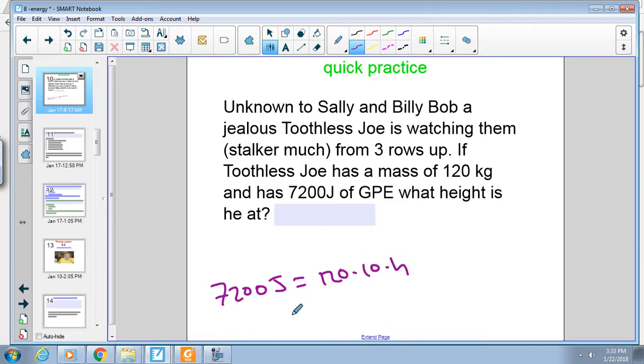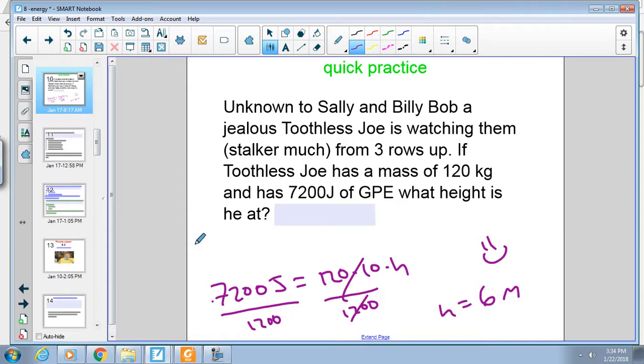So we have 7,200 divided by 1,200. Right? 120 times 10. 1,200 cancels out here. The height should equal 6 meters. Smiley face, or frowny face, considering he's a weirdo.